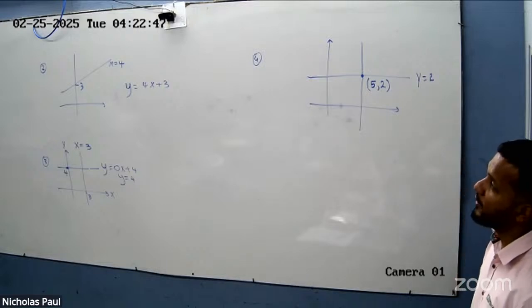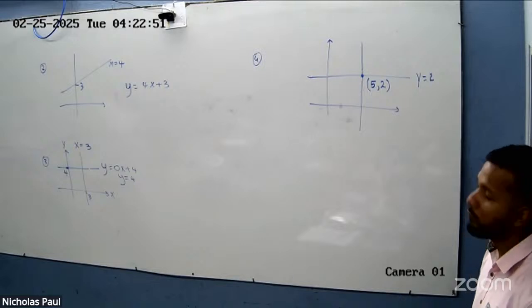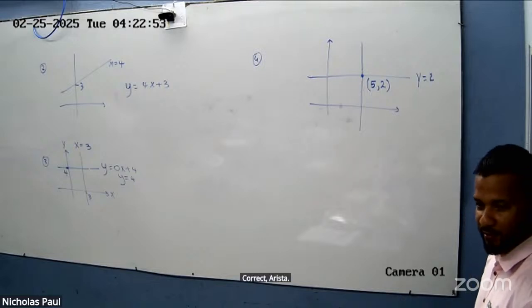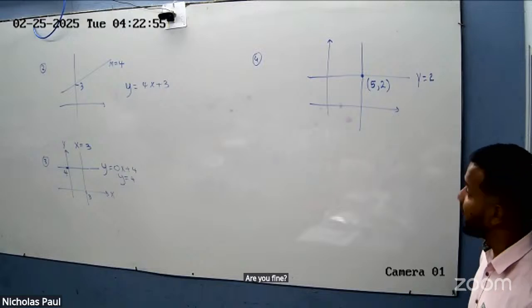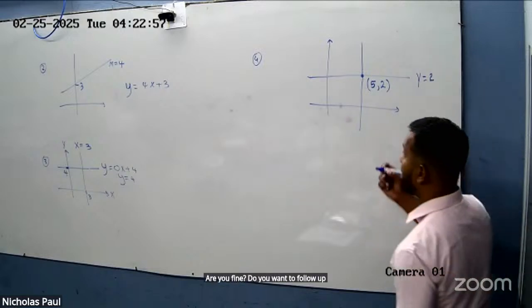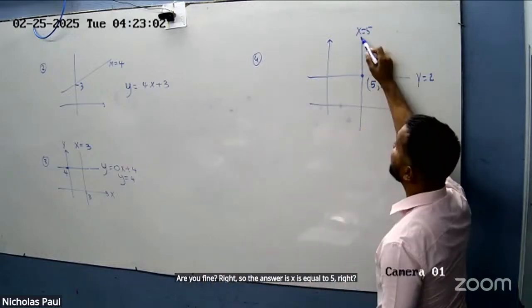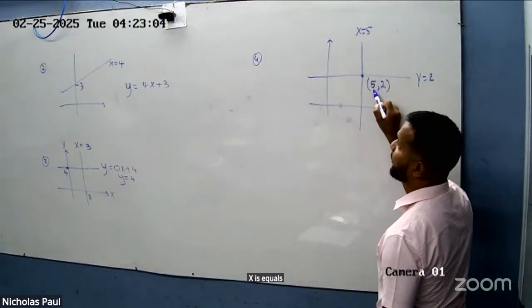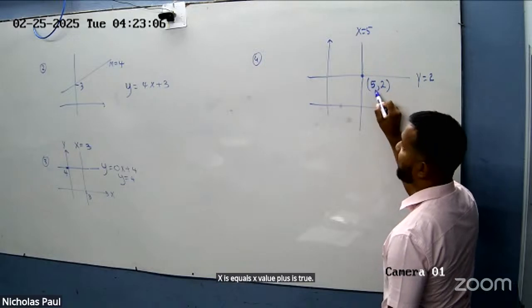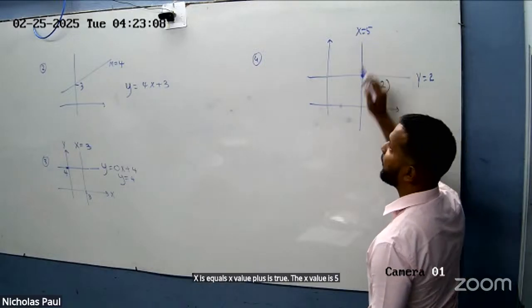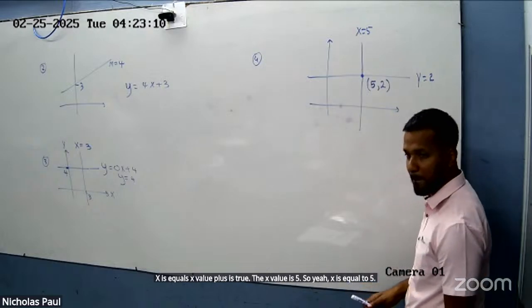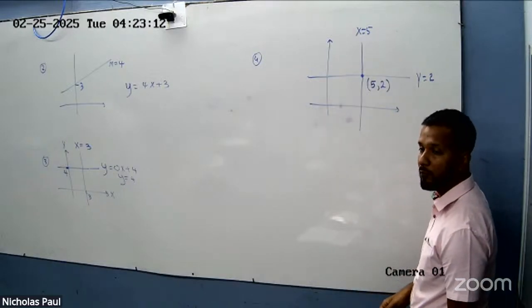Correct, Arisa. So the answer is x is equal to 5, right? x is equal to the x value it passes through. The x value is 5, so the answer is x equals 5.